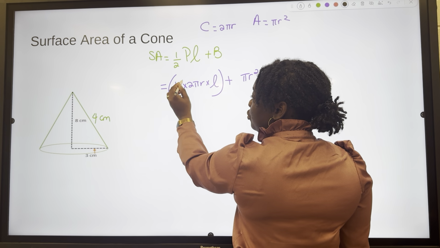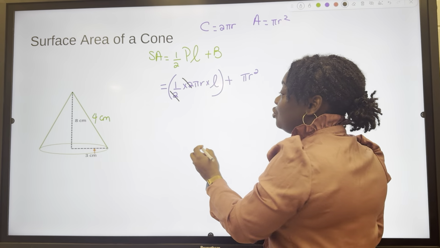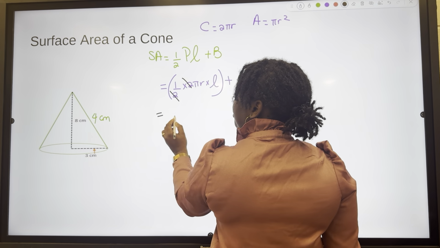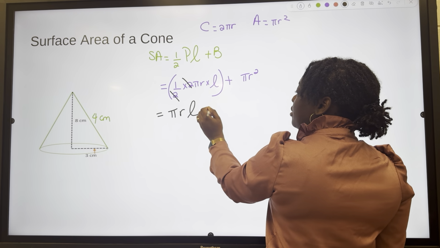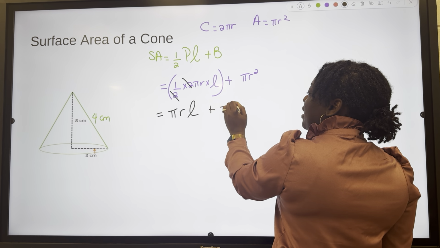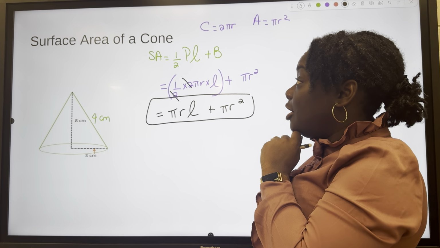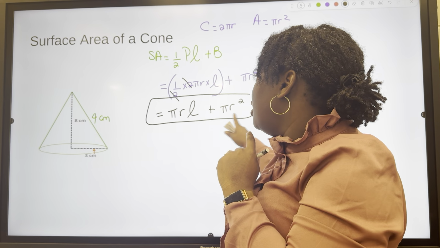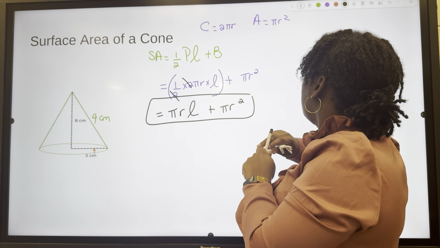If we know our math, we know that we can cancel those two. So what would I be left with right here? Just pi r L plus pi r squared. So the formula to find the surface area of a cone is pi r L plus pi r squared.